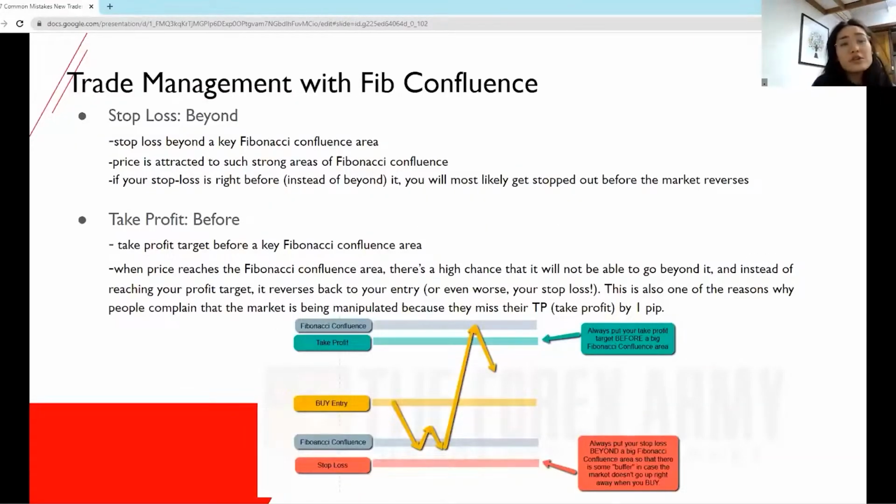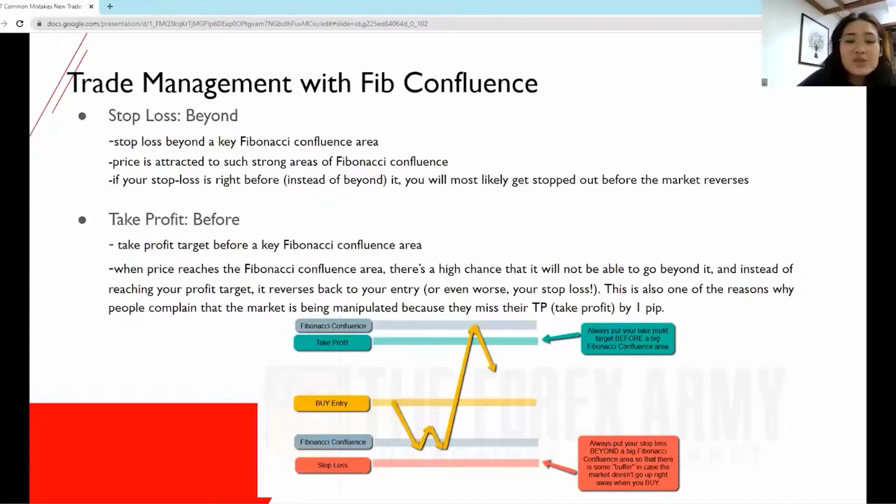So here we have trade management with FIB confluence, but this is basically applicable for any kind of area that involves take profit and stop loss, not just for Fibonacci. Stop loss beyond means you should always put your stop loss beyond a key confluence area, or as we mentioned earlier, a key support or even resistance area.